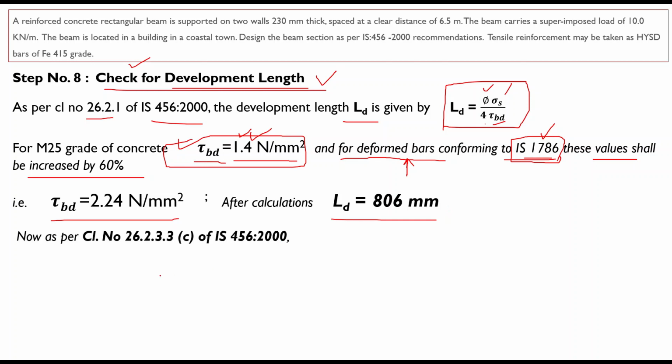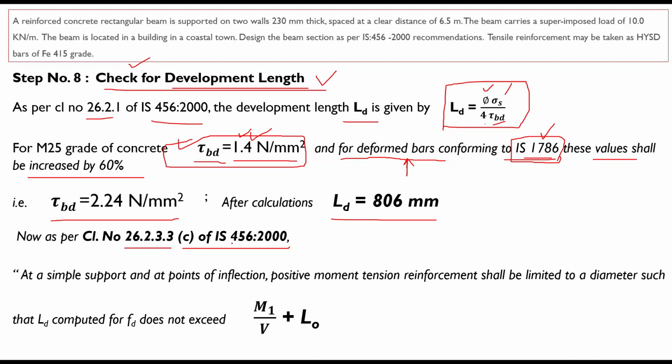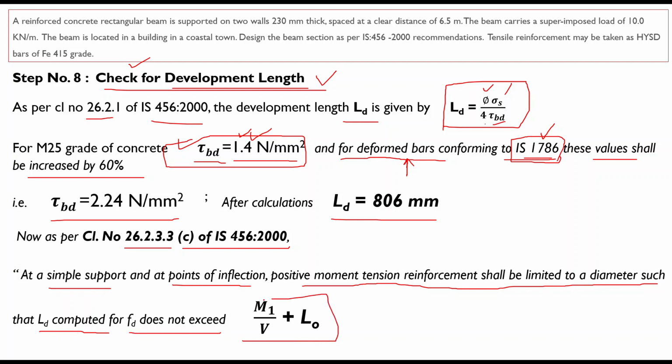Now what clause 26.2.3.3 part C is saying, let us go through the statement. At a simple support, that means a simply supported beam, and at a point of inflection, positive moment tension reinforcement will be limited to a diameter such that LD computed for FD should not exceed this formula.